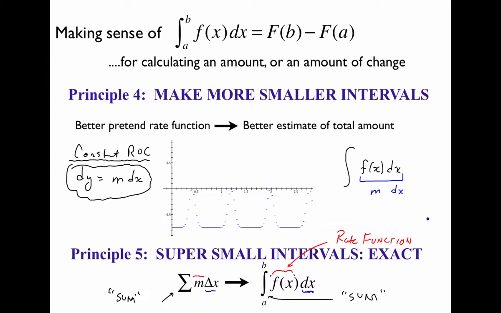We're summing up a bunch of m dx's. So when you see f of x dx, that's essentially dy. And we're summing up a bunch of those, just like you did in the insects problem and the flag problem. But now we're thinking about super small intervals. So it's summing up a gazillion of these, a trillion.